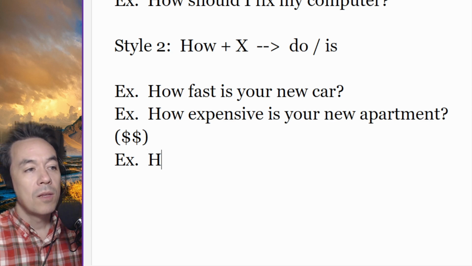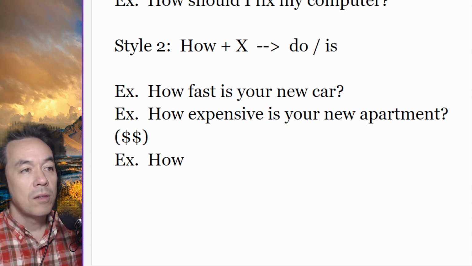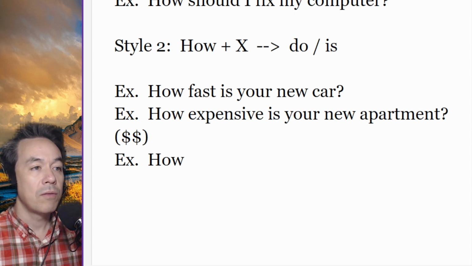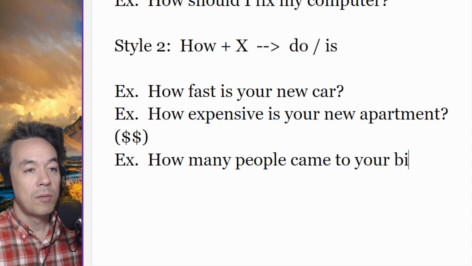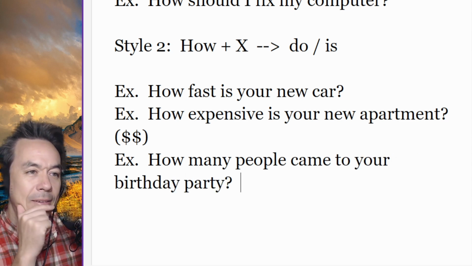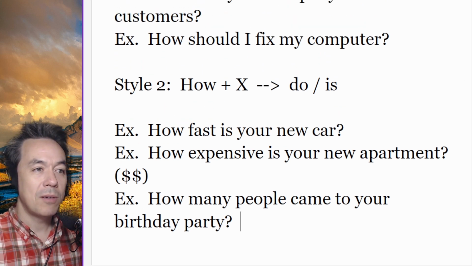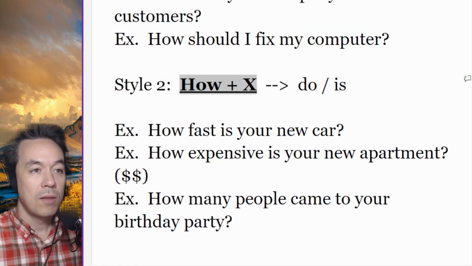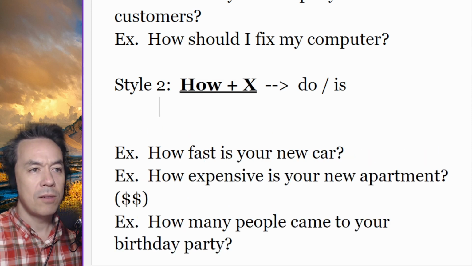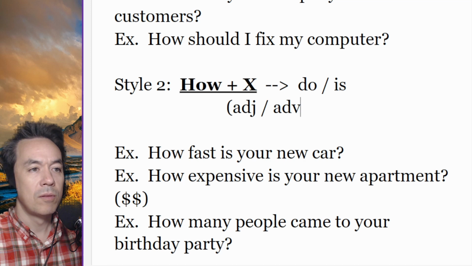And then let's see, how fast, how many people came to your birthday party? Okay, yeah, so I wish it was more simple, but it could just be how plus something. It depends if it's an adjective or an adverb.